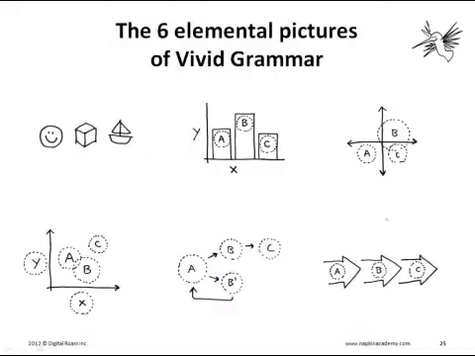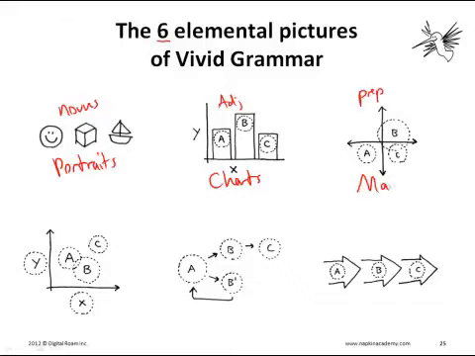Vivid grammar basically tells us that in the same way in verbal grammar we had our 8 parts of speech, in vivid grammar we only have 6 essential picture elements. For our nouns, we draw portraits. For our adjectives, we draw charts. For our prepositions, we draw maps. For tense, we draw timelines.